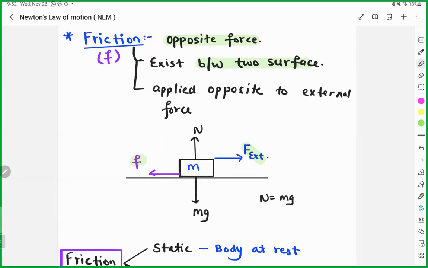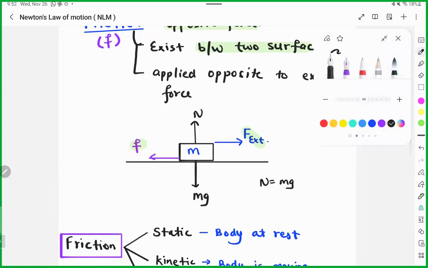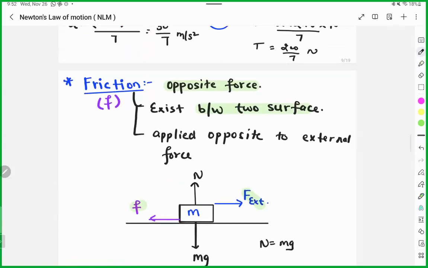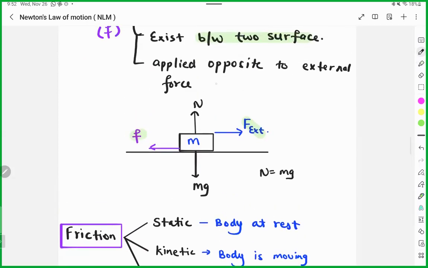ये कहाँ लिखे हैं? I'll add this point. Act parallel to the surface. Friction act parallel to surface. Very important.